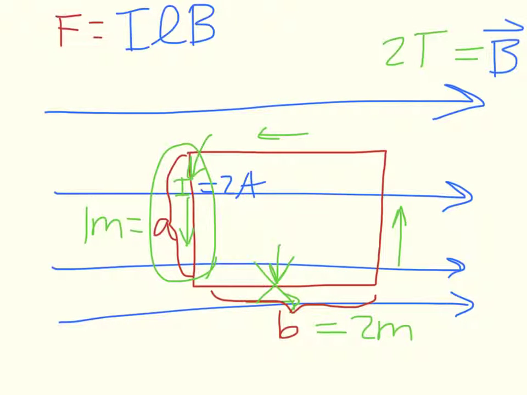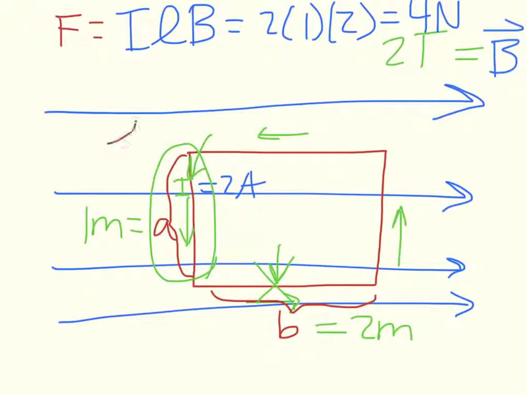We don't have to worry about sine theta because it's exactly perpendicular. ILB in this case is going to be 2 amperes times 1 meter times 2 Tesla, so we get 4 newtons. Just like in the last problem, the force will point out of the page. Great job!